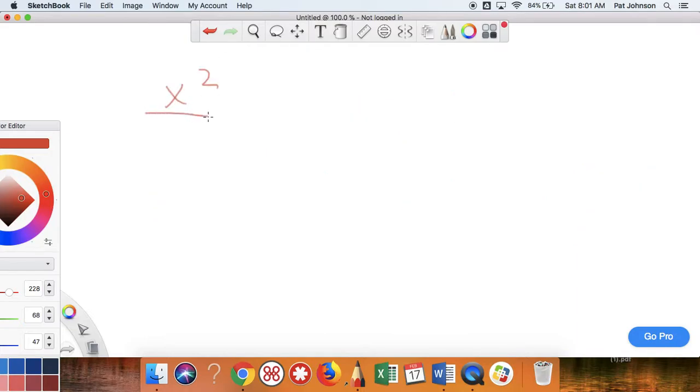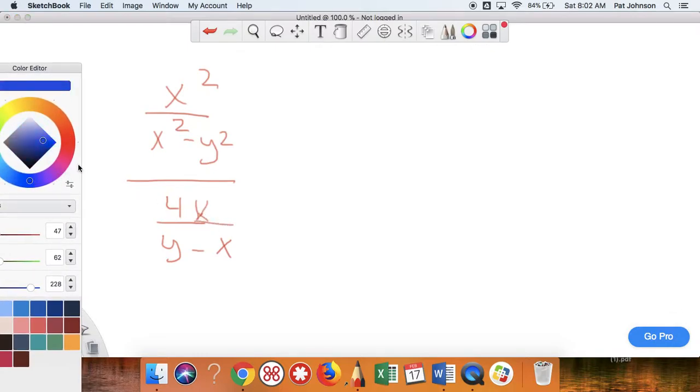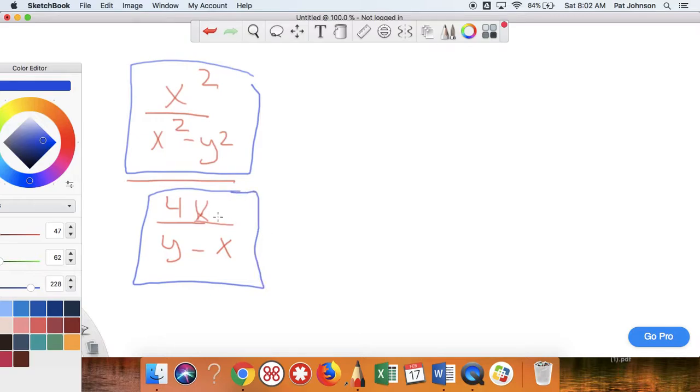x squared over x squared minus y squared all over 4x divided by y minus x. So what do I have going on here? I have a complex fraction because I have an expression with more than one fraction bar. Got several. So identify numerator and denominator. That's the easiest way to do that. Then we can rewrite it as a division problem.